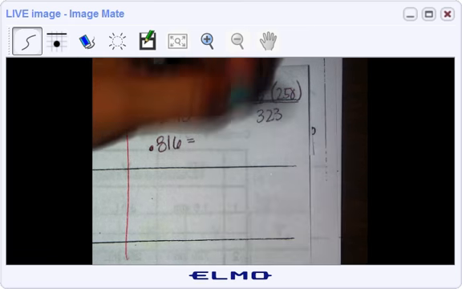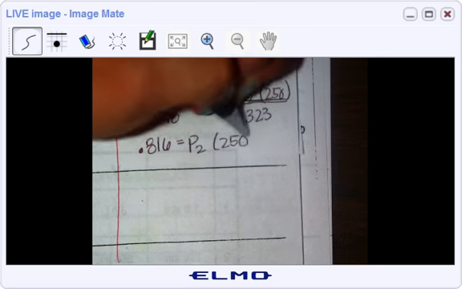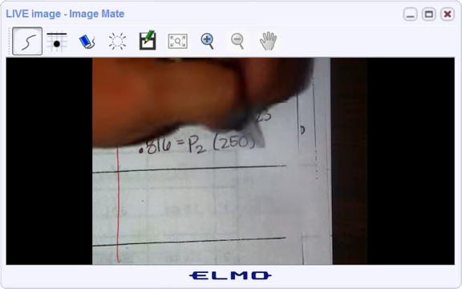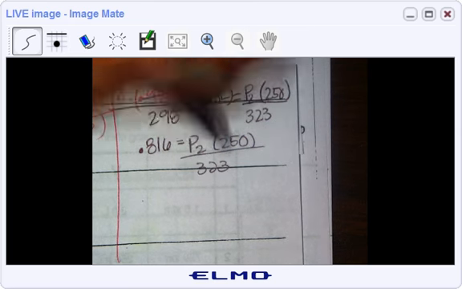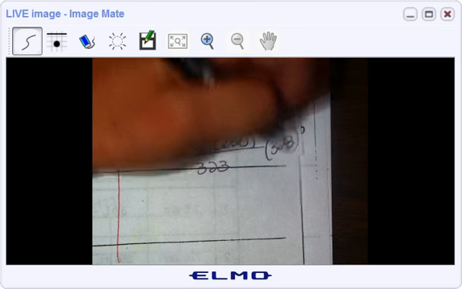Equals, and I still have my right side. I'm going to get rid of this 323 by multiplying it on both sides.